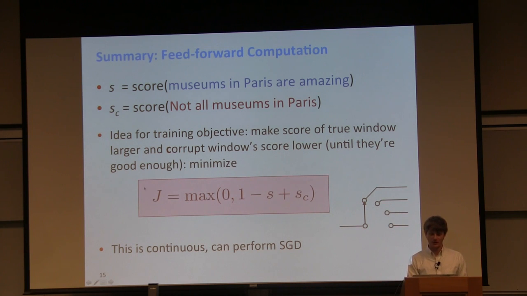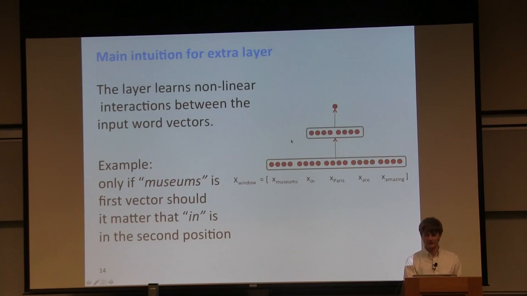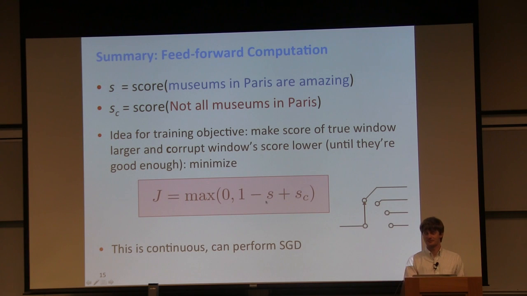Now what this objective function will essentially help you do is that if the score of this correct window is indeed already one higher than the score of the corrupted one, then you will just switch to 0 here. So intuitively, for instance, let's say you ran through this computation, and your final score for "museums in Paris are amazing" is 5.